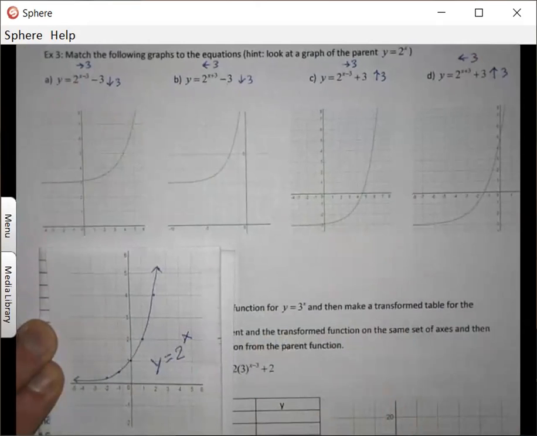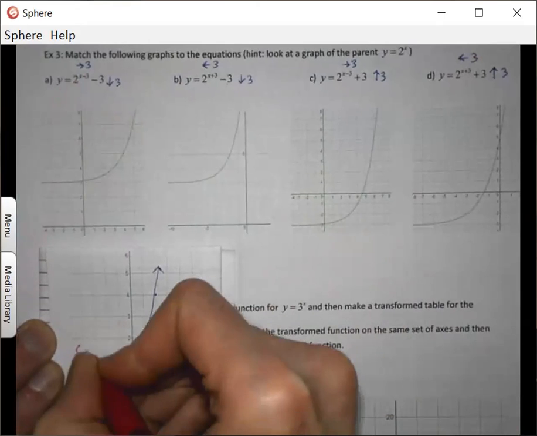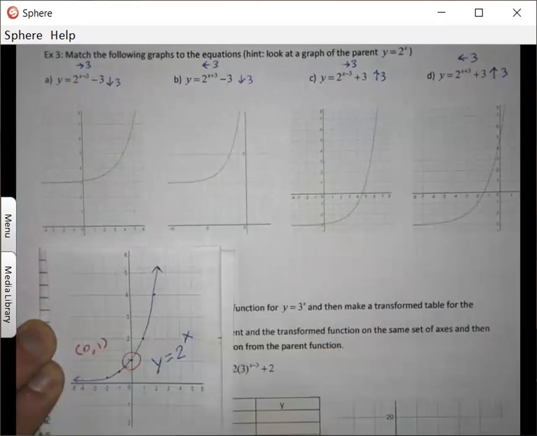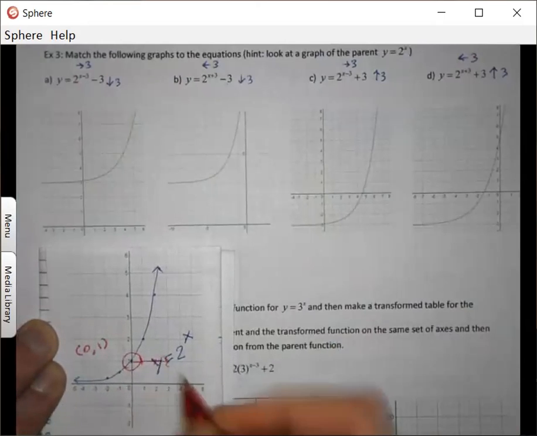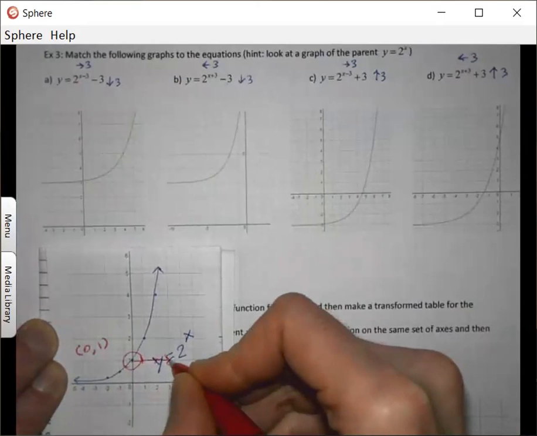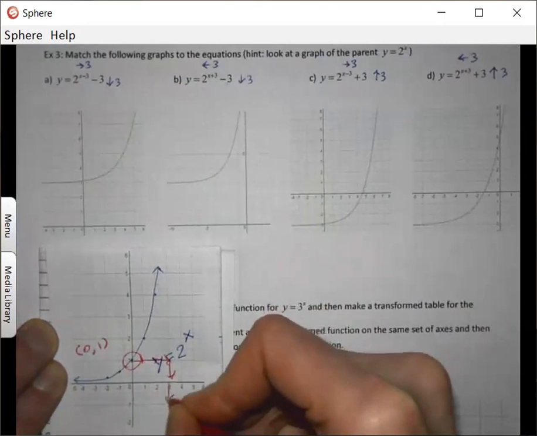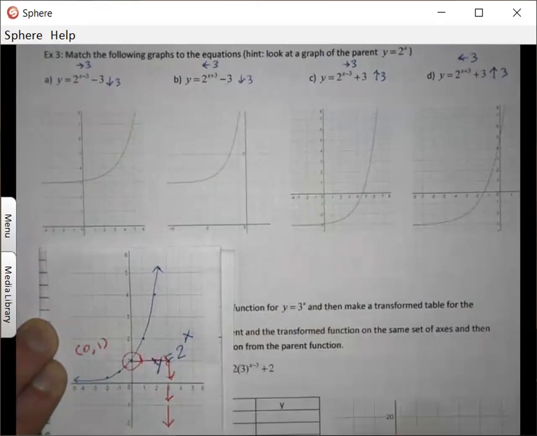The other way to do it is to pick a specific point. So for example, the parent has the point 0, 1. If I move that point right 3 and down 3, so 1, 2, 3, 1, 2, 3.